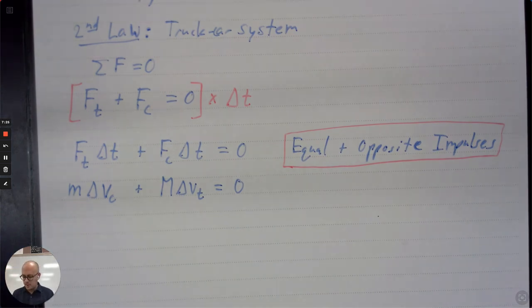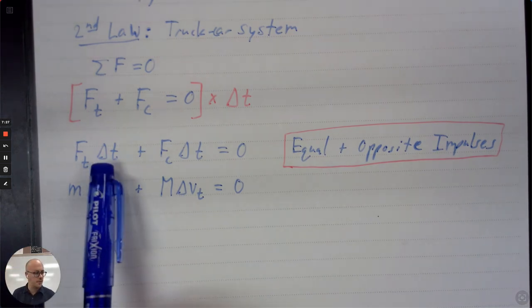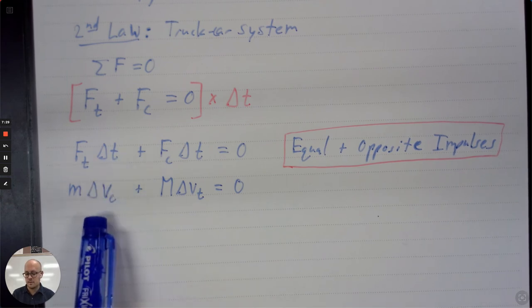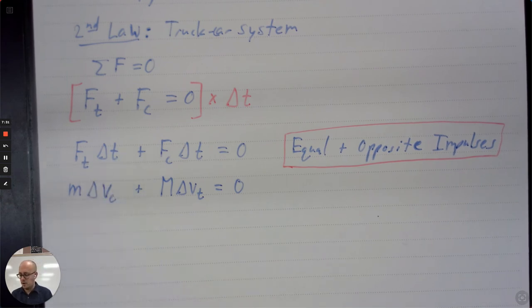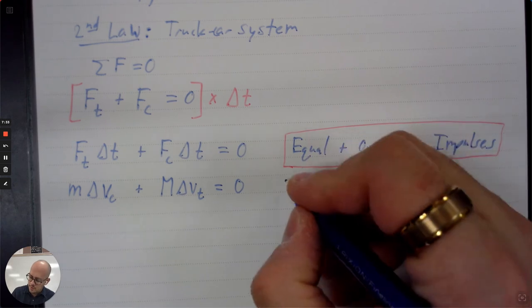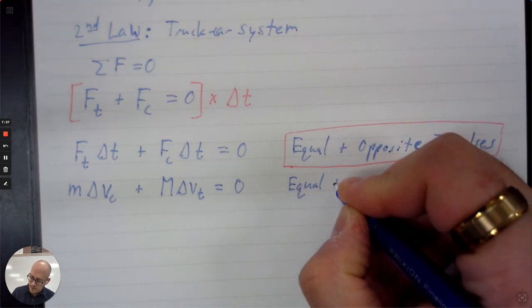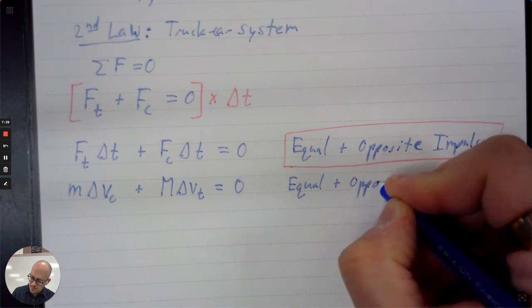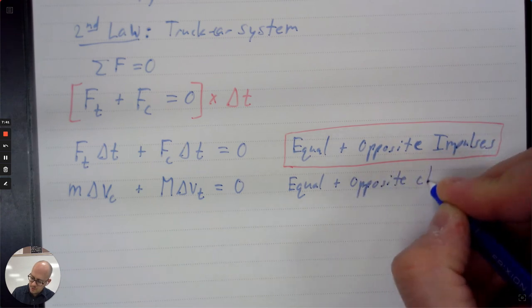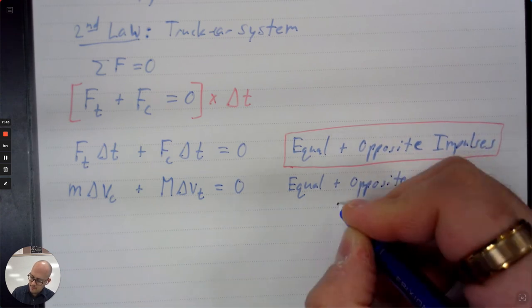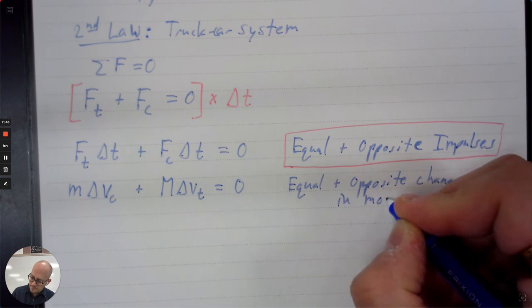So I just kind of transposed. This is the impulse on the car. This is the change in momentum of the car. So another extension of the third law is they have to experience equal and opposite changes in momentum.